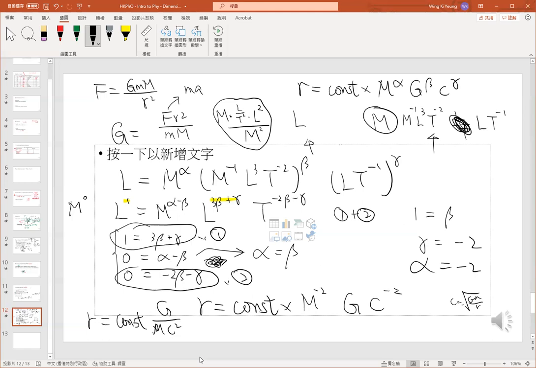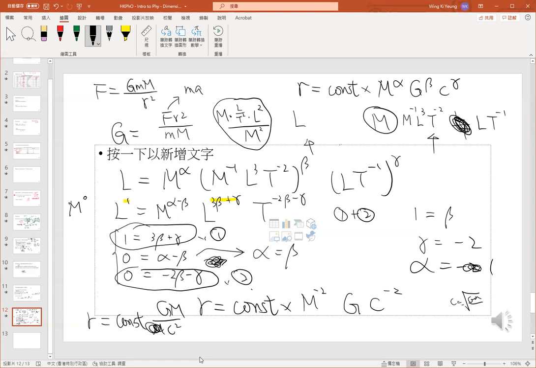It should be that M should be here. What I got for alpha is negative 2. Oh, hey, I'm so dumb. Okay, I got alpha equals beta, so alpha should equal 1, not negative 2. Okay, so yes, I get the correct form.